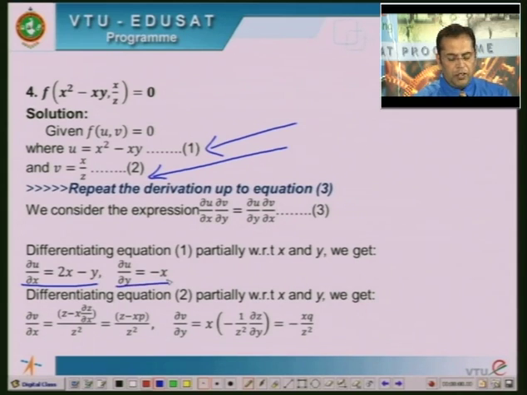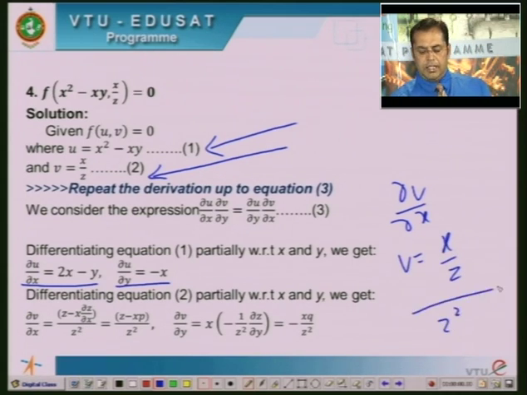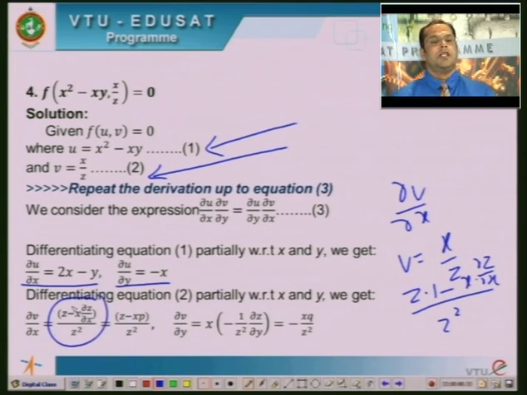You should be careful when you do dou v by dou x because v is x by z. So, you should apply quotient rule, first denominator square z square, then z into differentiation of x is 1 minus x into differentiation of z is dou z by dou x, that is seen here. Use notations to get z minus xp by z square.